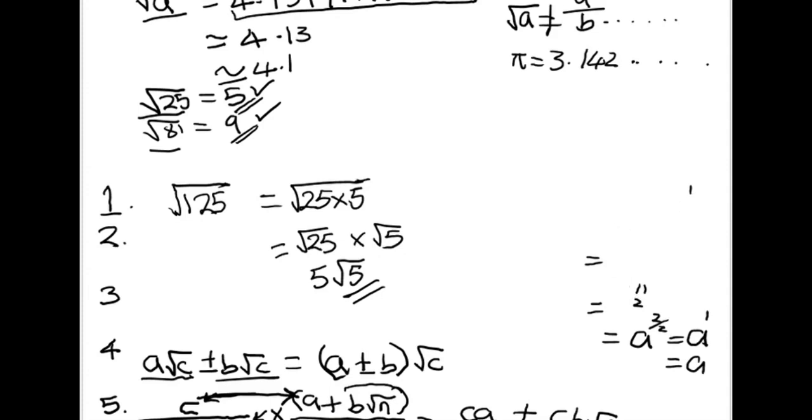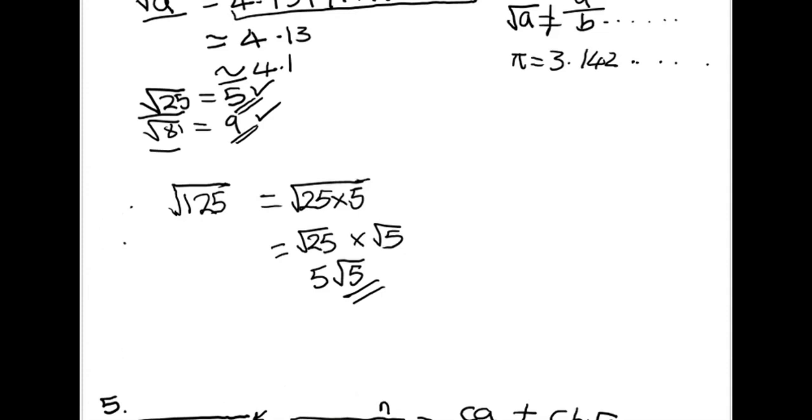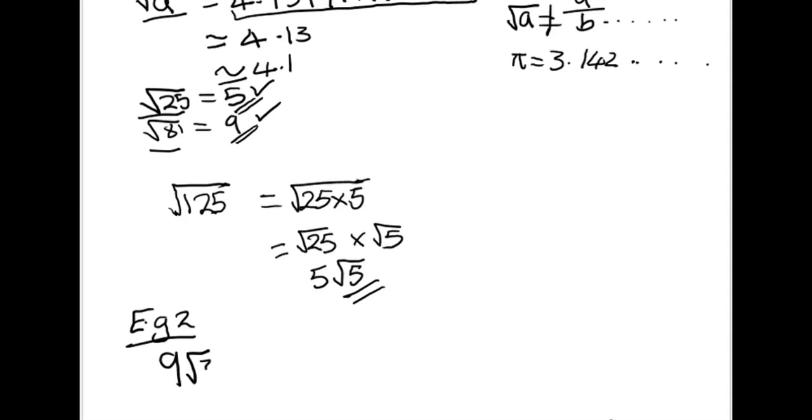Okay, now what if you are asked to change a surd that's in its basic form back to its single state? Let me give us an example on that. Example 2, let's have this example 9 root 3.